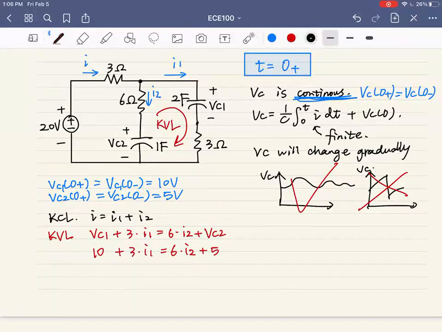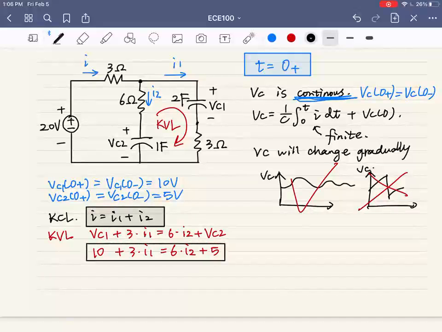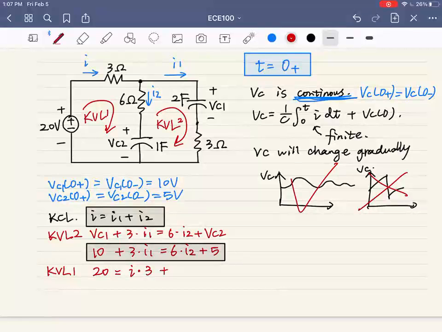And what we get? We get 2 equations of currents already. And then we have 3 variables, so we need 1 more. So we draw another KVL: 20 volts equals I times 3 plus the rest of the loop, right?